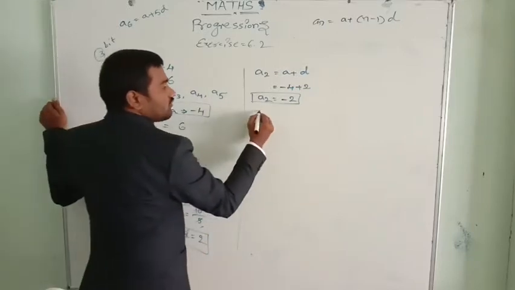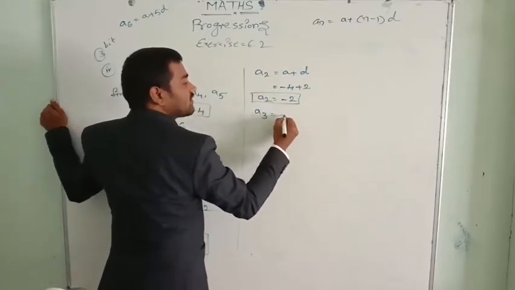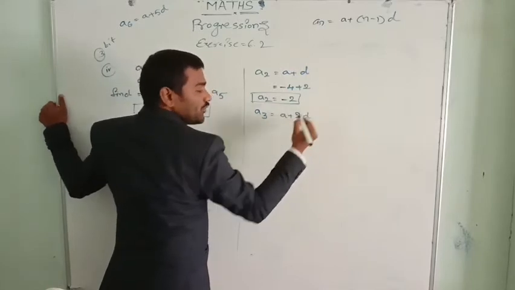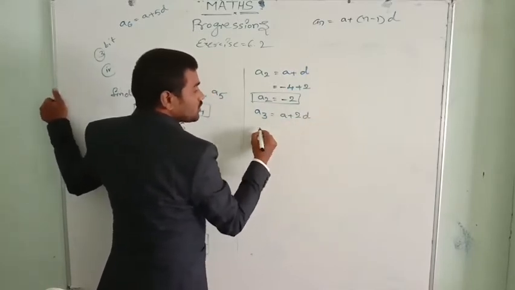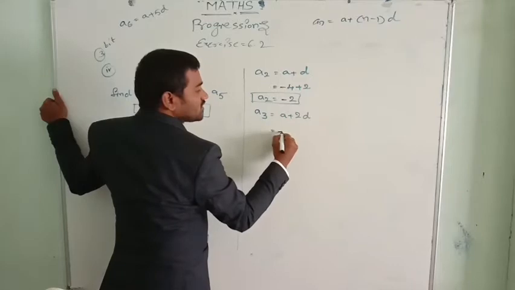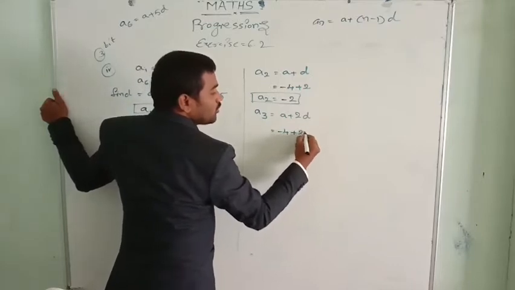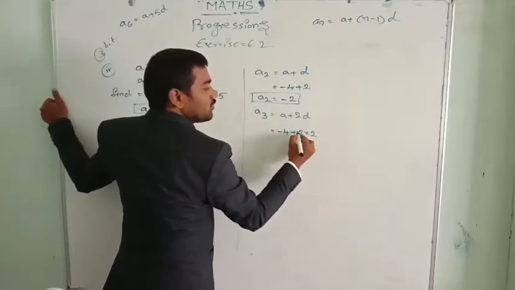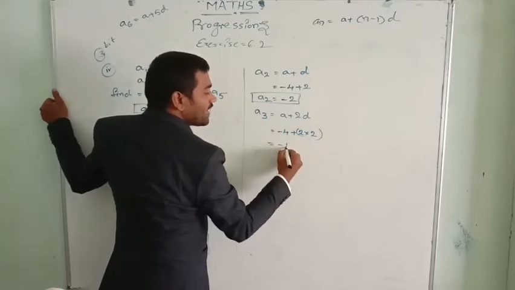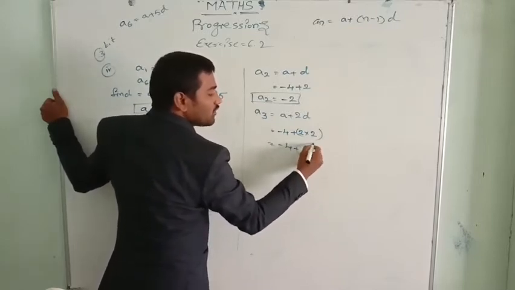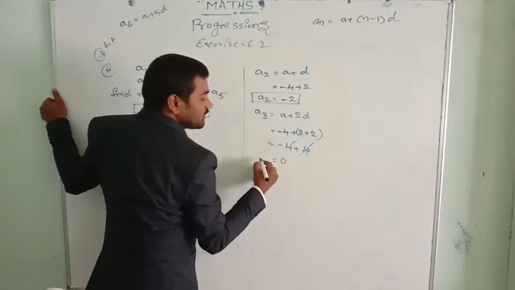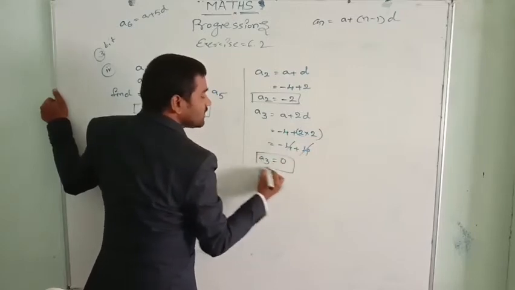Then A3 we need to find out. A3 equals A plus 2D, so minus 4 plus 2 into 2, which is 4. Minus 4 and plus 4 get cancelled. So A3 value is 0.